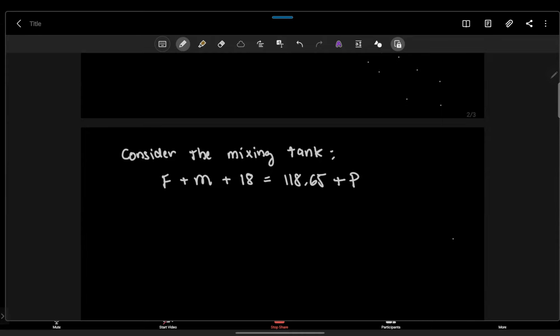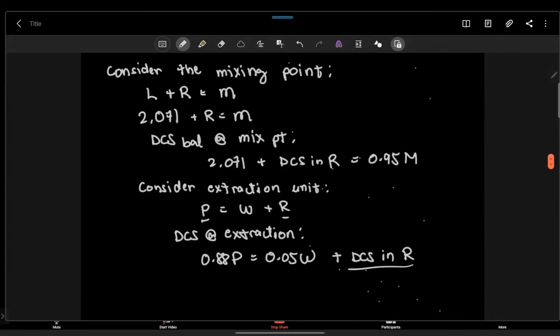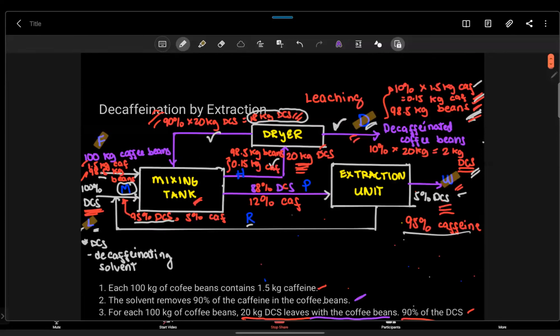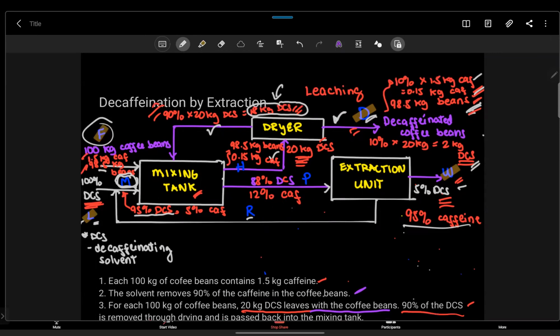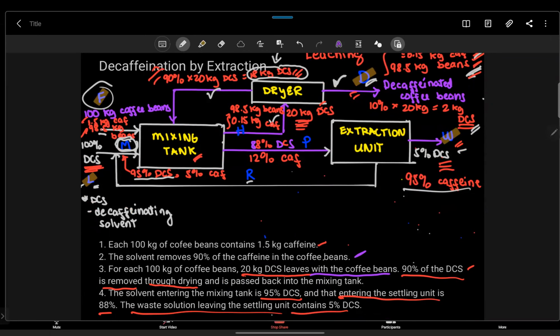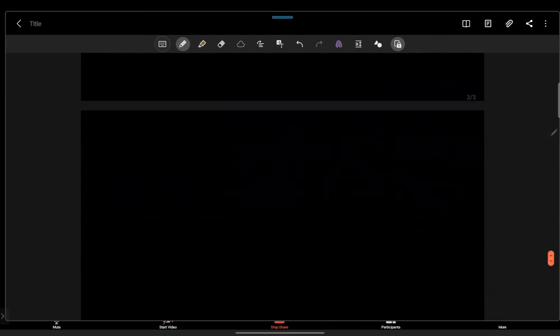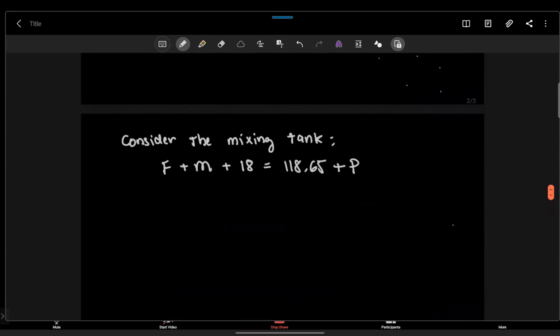So if you go to your mixing tank, F yung pumapasok, di ba? So ito yung F. Mixing tank lang ha. And then yung pumapasok sa mixing tank ay M. Not L ha, but immediately ang pumapasok sa kanya is M. Okay? Plus, ano pa yung pumapasok? Ito, 18 kilogram. Okay, 18 kilogram pumapasok din sa kanya. That's why I have written here 18 kilogram.